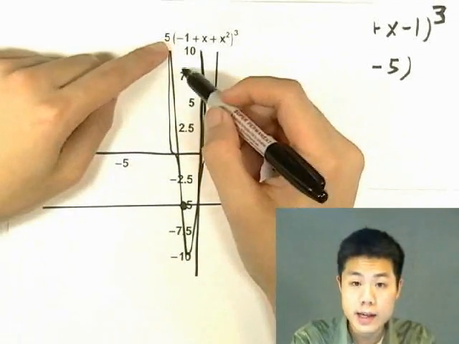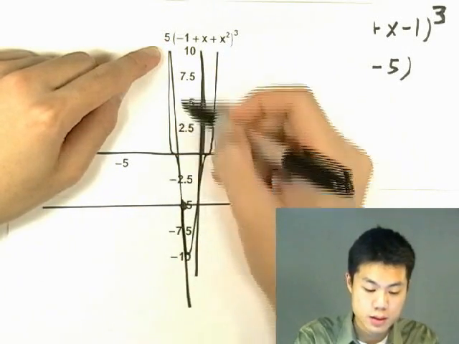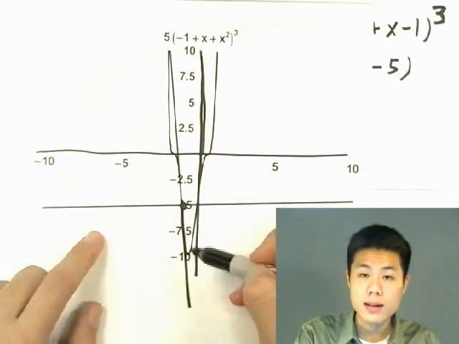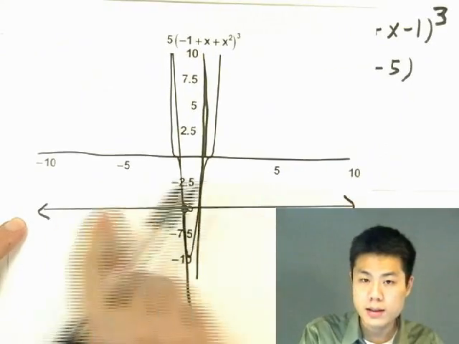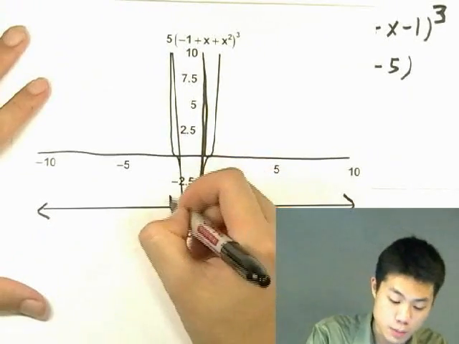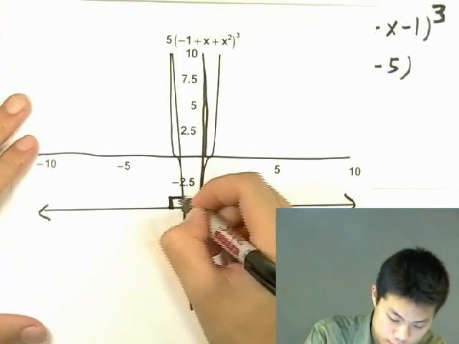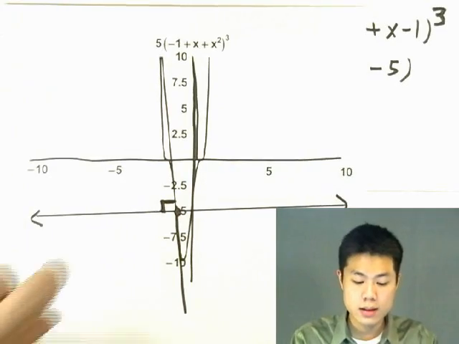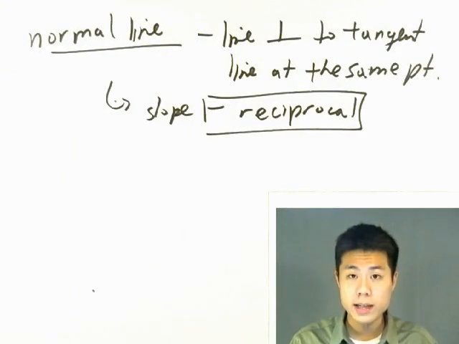I drew in a tangent line right there. So the tangent line is this thing here. And then you can see that this is the normal line, and the normal line is perpendicular to the tangent line, as you would expect. Okay, so that's a normal line. The normal line is the line that's perpendicular to the tangent line at the same point.